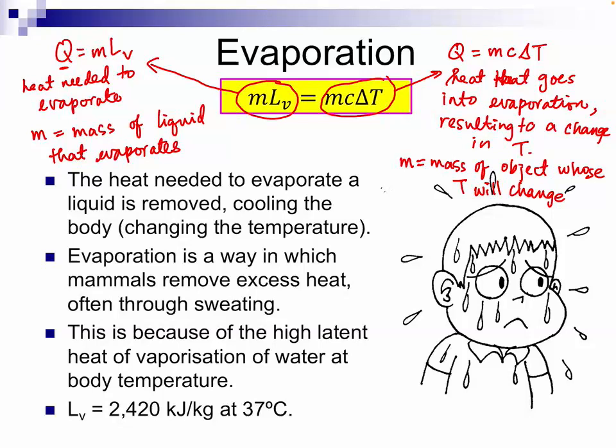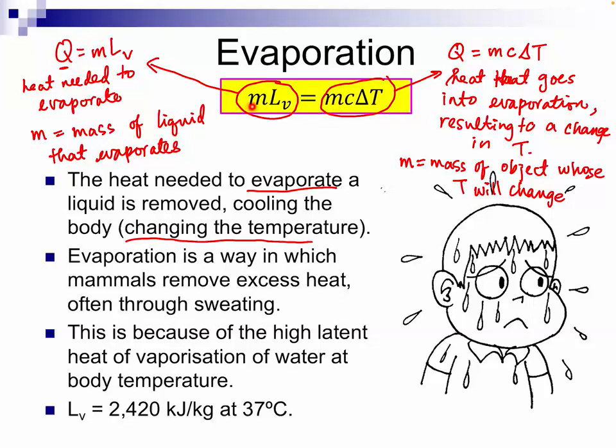Right? So in other words, when sweat evaporates, the temperature of the object will change in essence. And that's why we cannot cancel masses on the opposite sides of the equal sign here, because the masses mean different things.